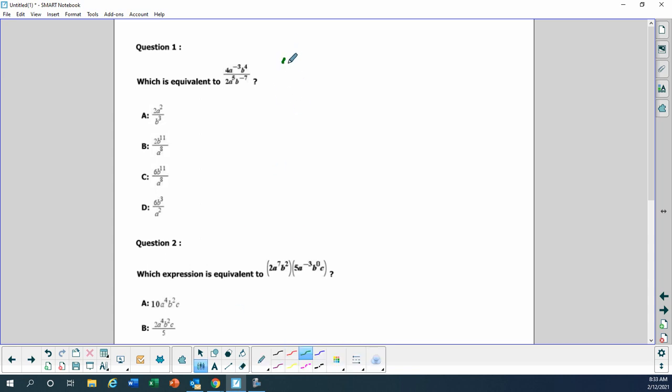So 4 can be divided by 2, with a to the power of negative 3 over a to the power of 5, and b to the power of 4 over b to the power of negative 7. The numbers you can simplify: 4 divided by 2 is just going to be 2.